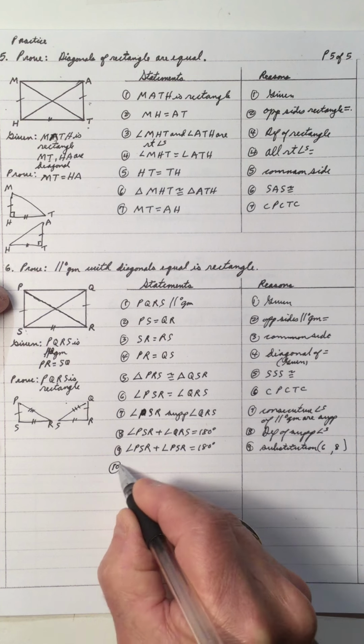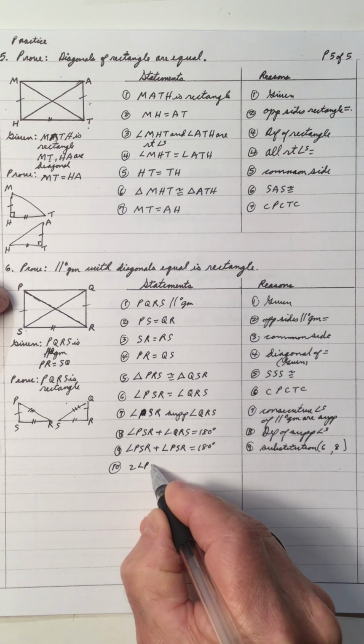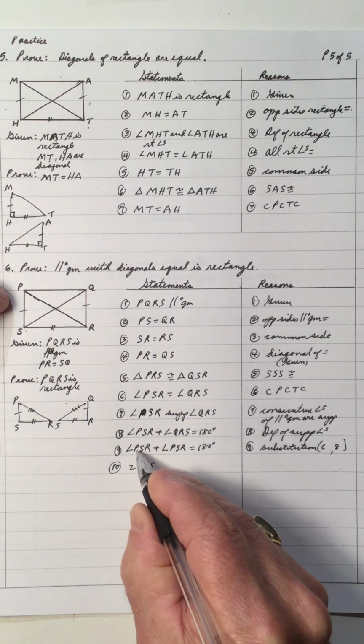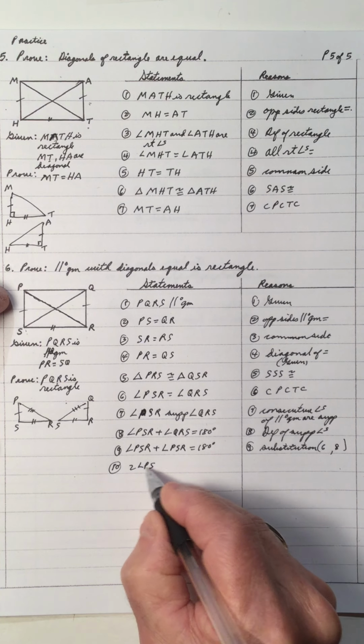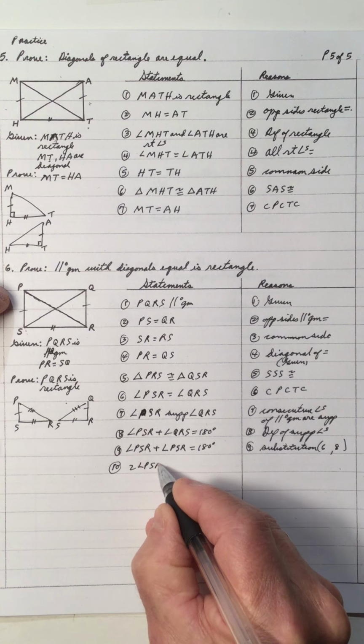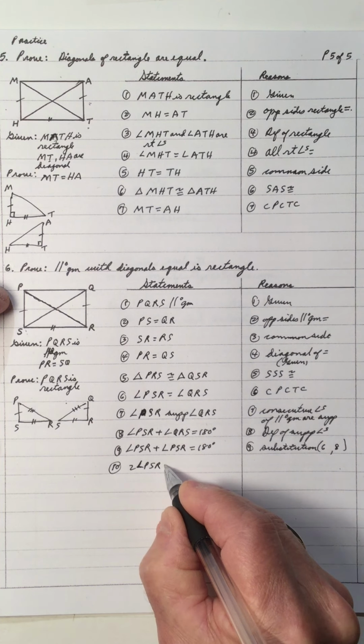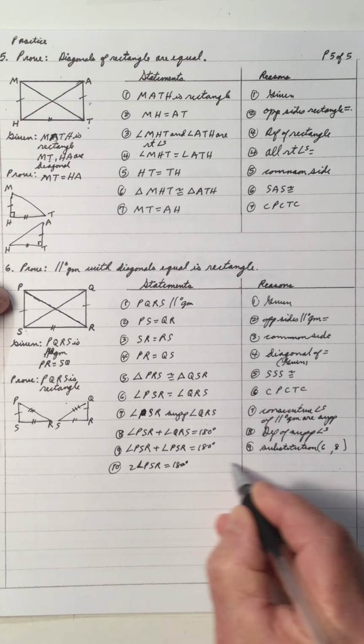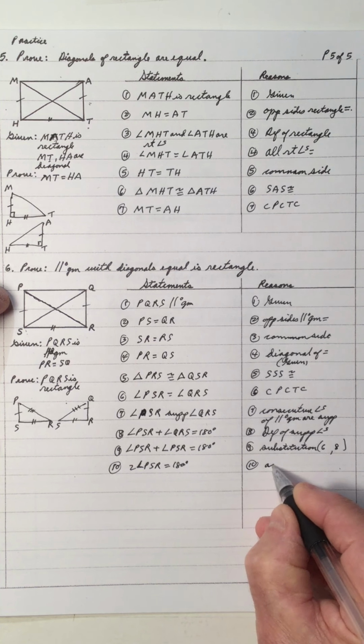And that means that 2 angles of PSR, be careful, equal 180 by addition.